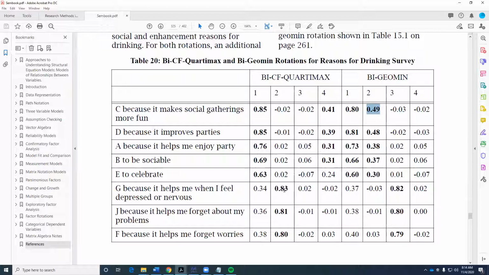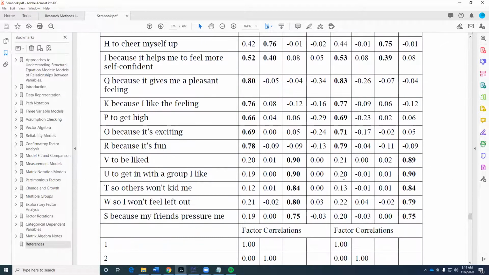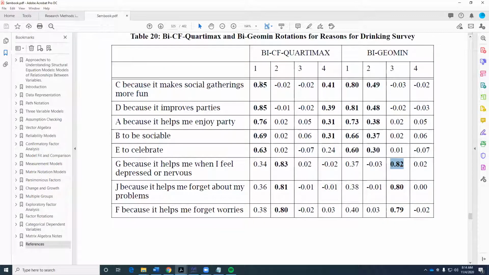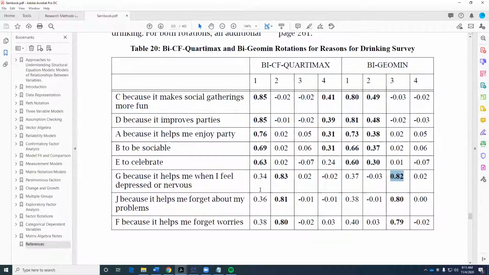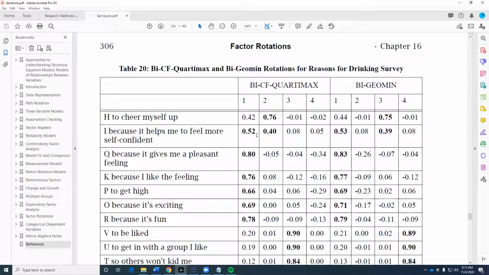Similarly, I have a 0.83 over here, and that's on factor 2, and 0.82 over here, and that's on factor 3. But as a result of this model, it's going to try to extract this general factor, and that general factor seems to be, again, the social items, and then downstairs here, the pleasure items, or how it makes you feel to be intoxicated.